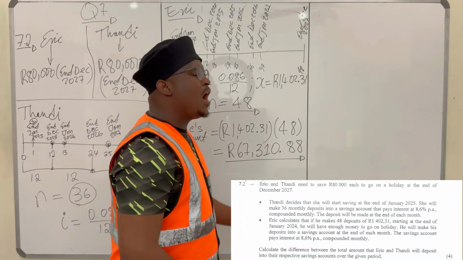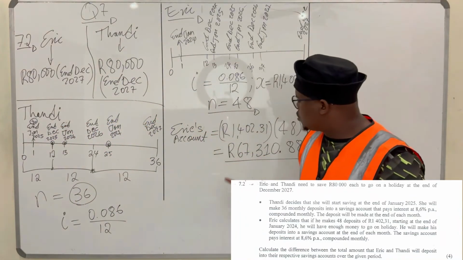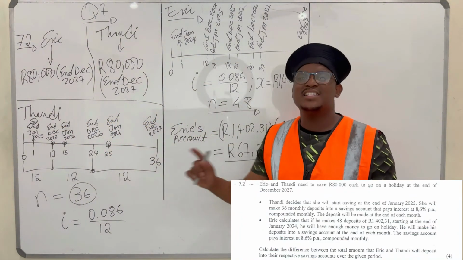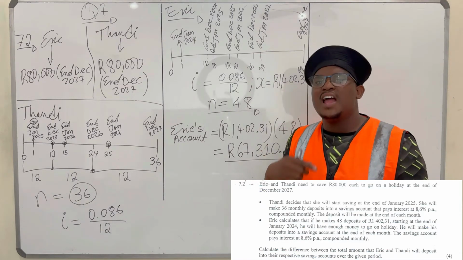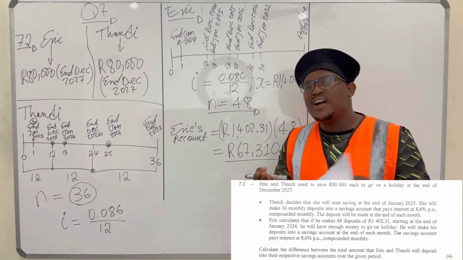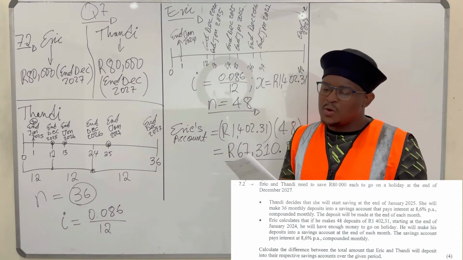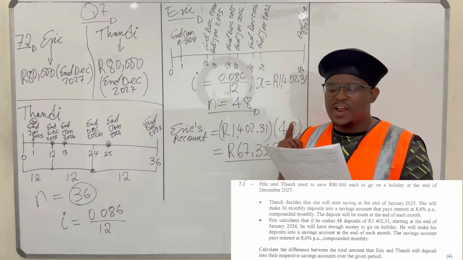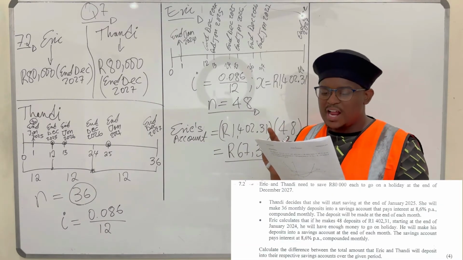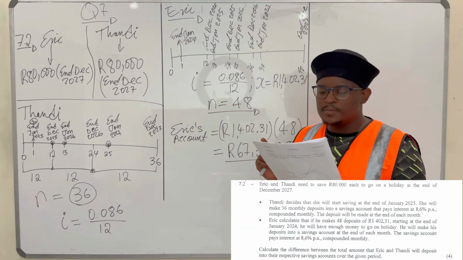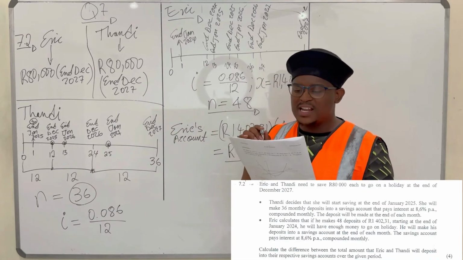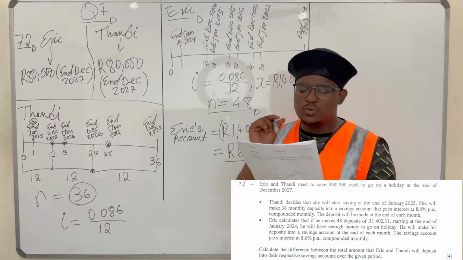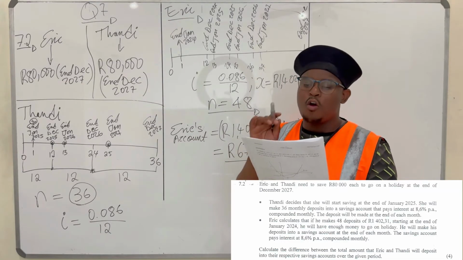Fine. Now we need to do this for Tandi and see how much she deposited into her account. And then once we know her total, we can find the difference between the two. Because what they want us to find is the difference between the total amount that Eric and Tandi will deposit into their respective savings accounts over the given period.